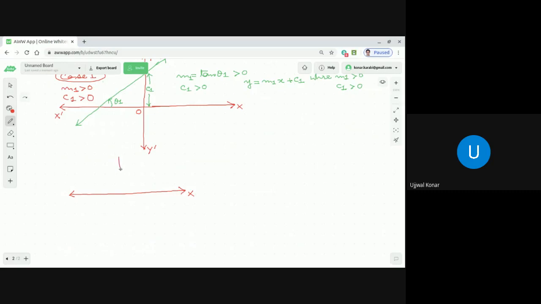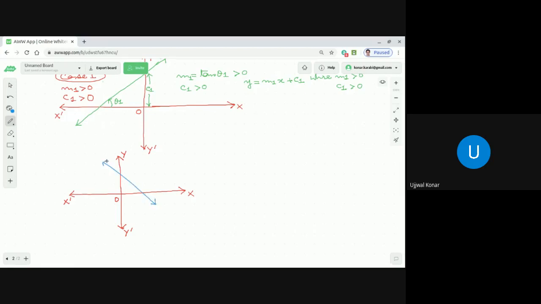Whenever I draw a straight line with the digital pen and board, it becomes a little difficult. So y, and this is the origin. Think about a case where the slope is negative but the y-intercept is positive. The straight line looks something like this.